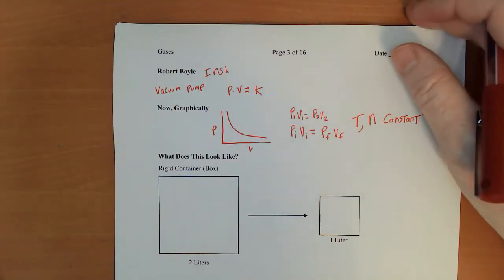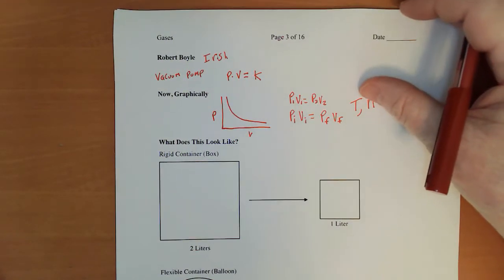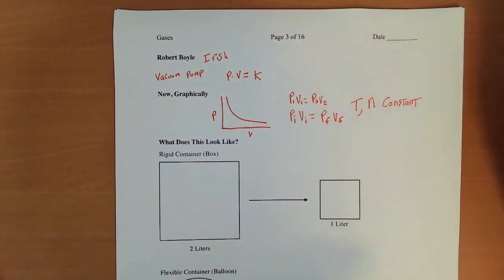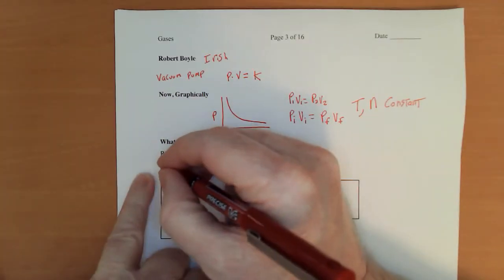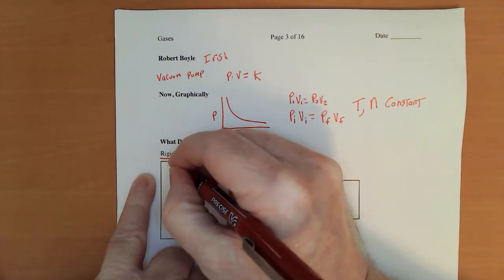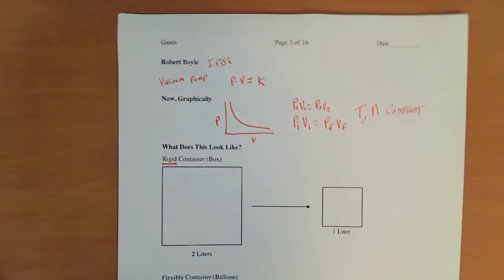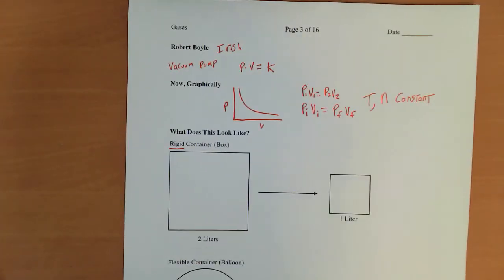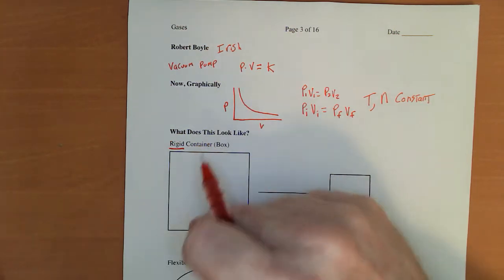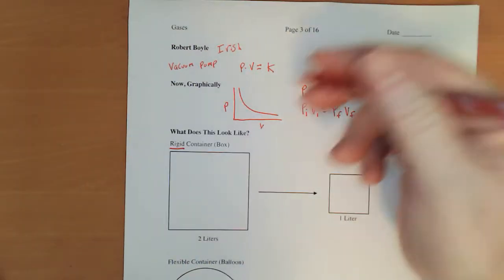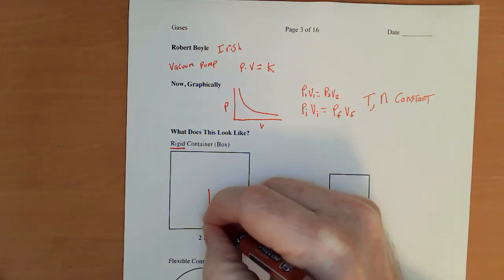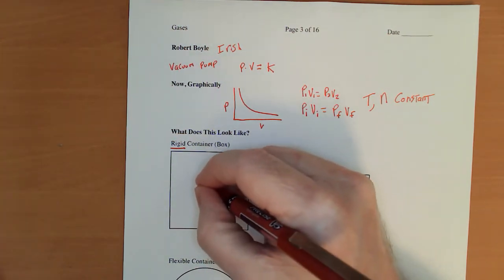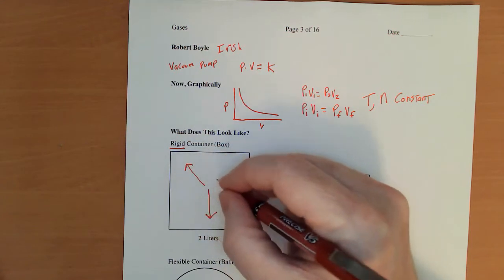Now, for a particulate level diagram, what does this behavior look like? Well, let's consider that we have a rigid container. Look the word up if you're having trouble with it, but basically we mean inflexible. Now, I'm saying that this one is a 2-liter volume. Now let's just picture 3 particles, which is implying 3 moles, but I only want to draw 3.